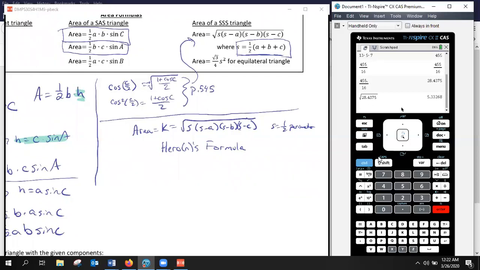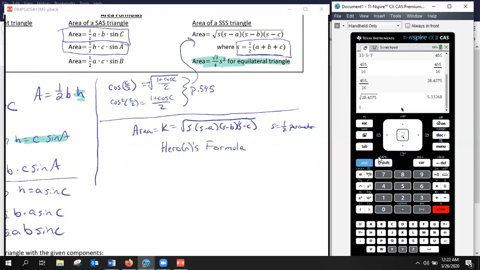Where I feel like this formula actually gets used in its entirety, as we go forward from here, I typically don't use the formula in this form. I use what I have written up here as the area of the equilateral triangle. The area of the equilateral triangle is really a form of Heron's formula.